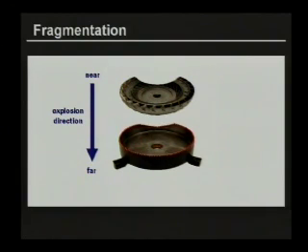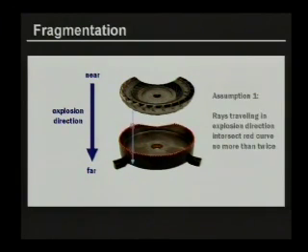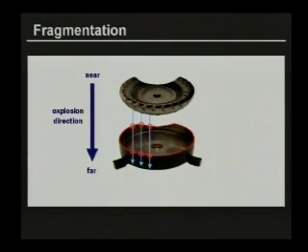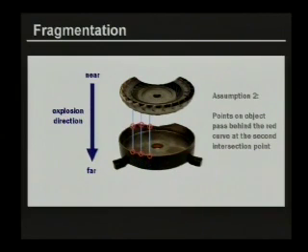Okay? And then we make two assumptions. First, we assume that rays that are traveling in the explosion direction from the near object to the far object intersect this curve at most twice. And then we have a second assumption which says that at the second point of intersection, the top object is going to pass behind the bottom object. So that allows us to break that rim curve into two pieces.